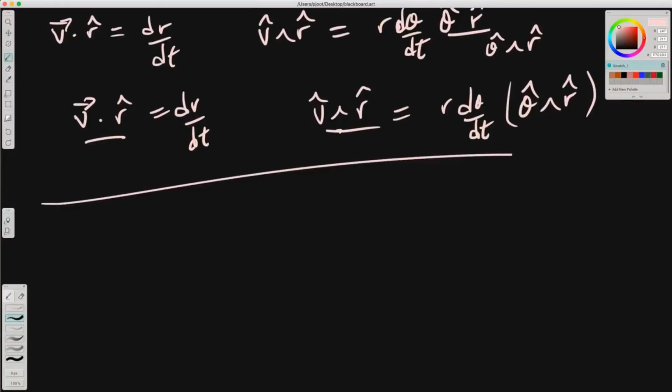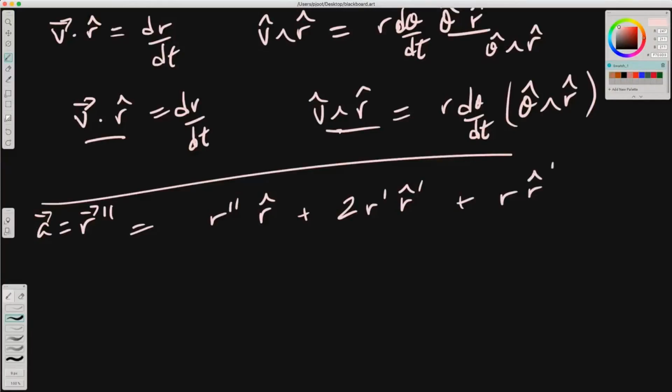Let's now look at the acceleration. So for r hat double prime, the acceleration, we had r double prime r hat plus 2 r prime r hat prime plus r hat double prime. And we can write that out.